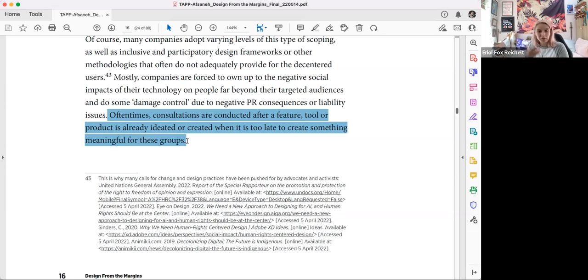Like, I kind of feel like unless you can clearly and confidently identify the scope, maybe not the best word to use, then it feels like you could never do anything because you're always considering the nature of decentered users or marginalized users.